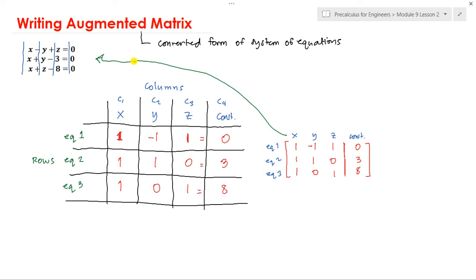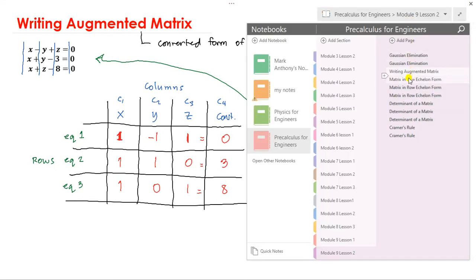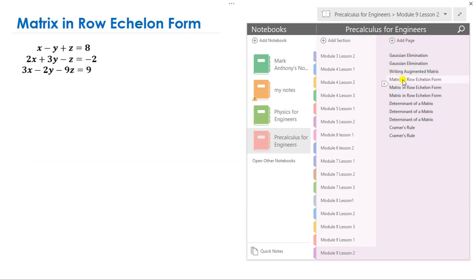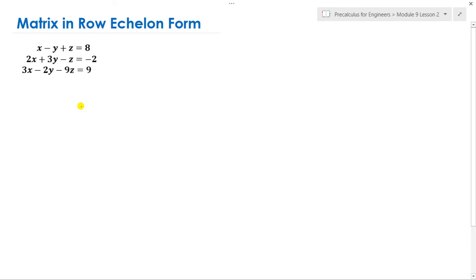Okay, the next one is a bit challenging, but it's nice. You'll be amazed. Our second technique is the matrix in row echelon form. Earlier, that was Gaussian elimination in row echelon form.